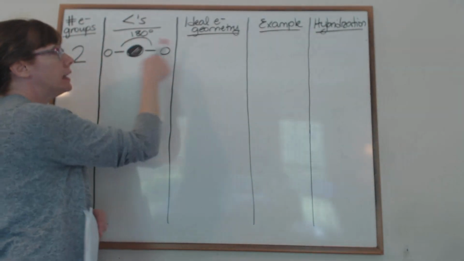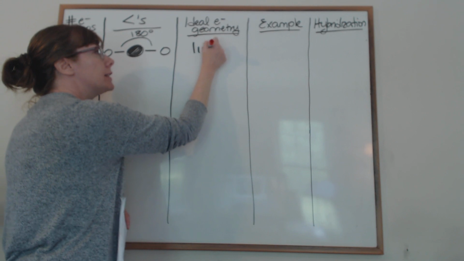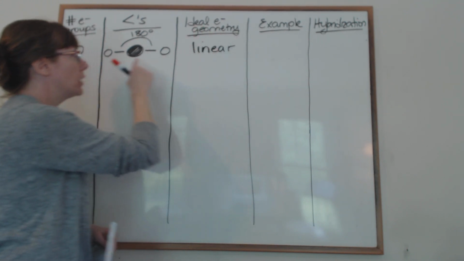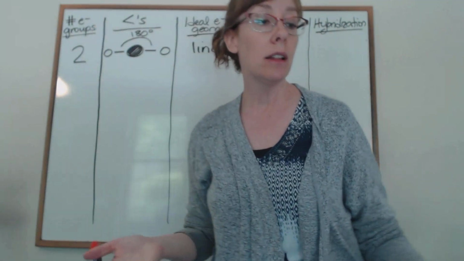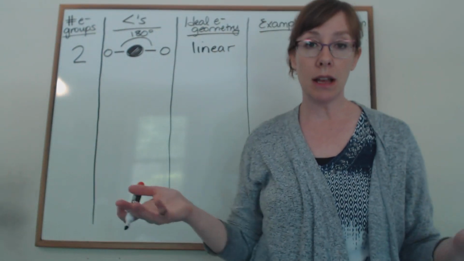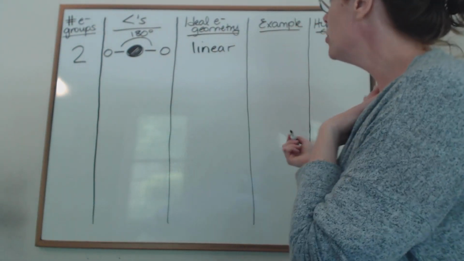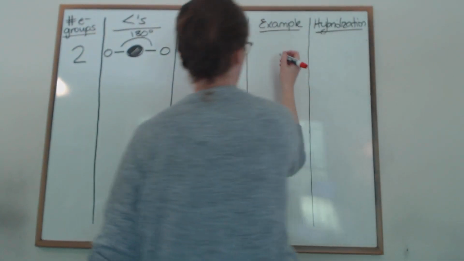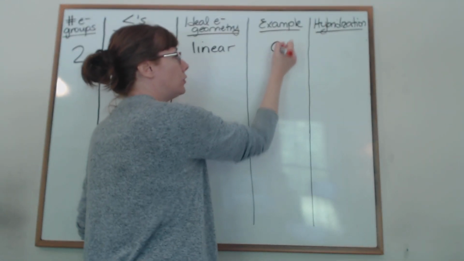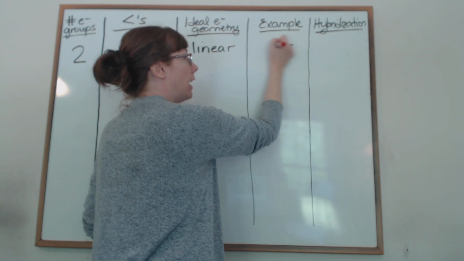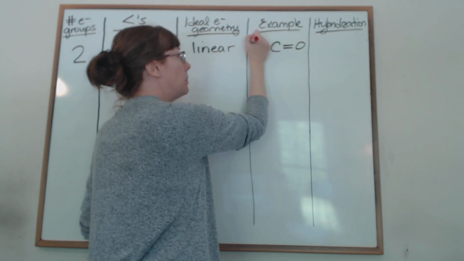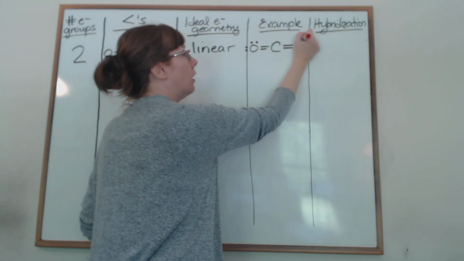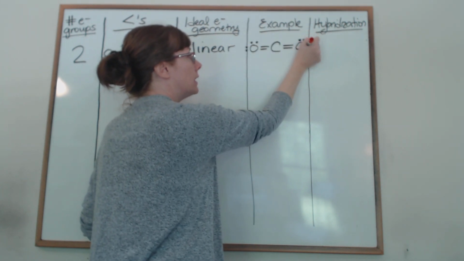What we call this electron geometry, we call this linear electron geometry because they're in a straight line. Linear electron geometry. And the classic example for a linear, I mean, there's lots of examples, but what I usually use is CO2. We have drawn the Lewis structure for carbon dioxide before, and we have found that he has 2 double bonds around his central atom.